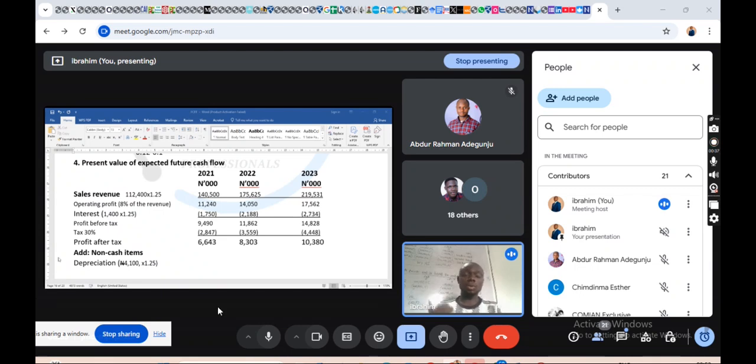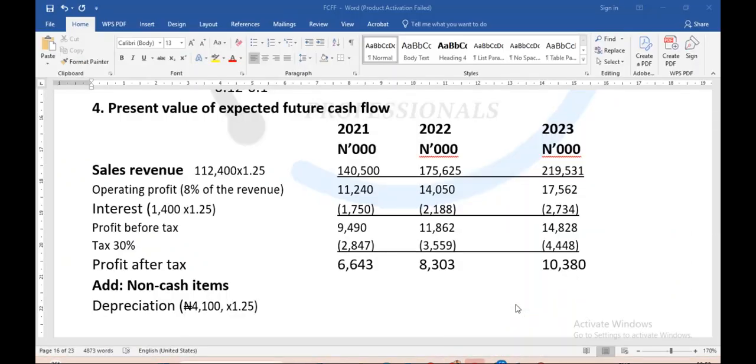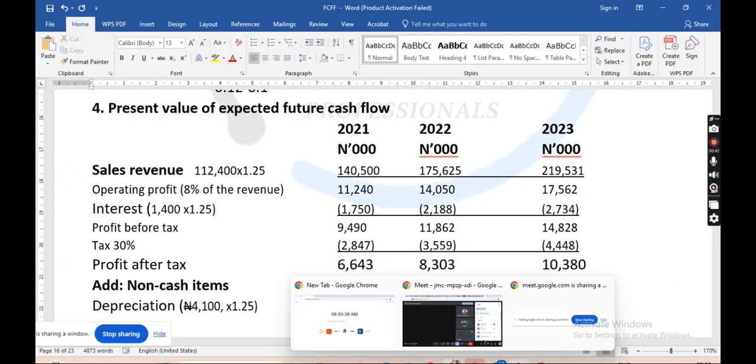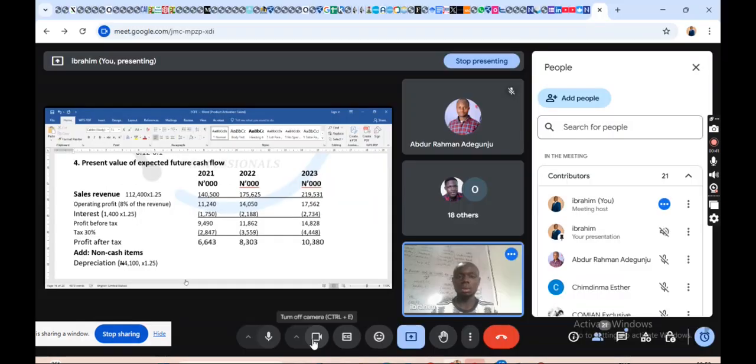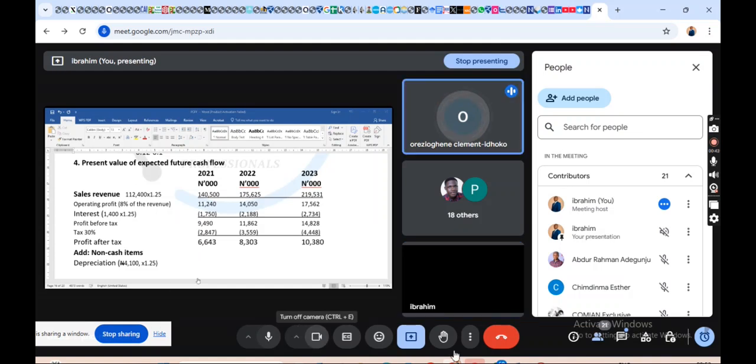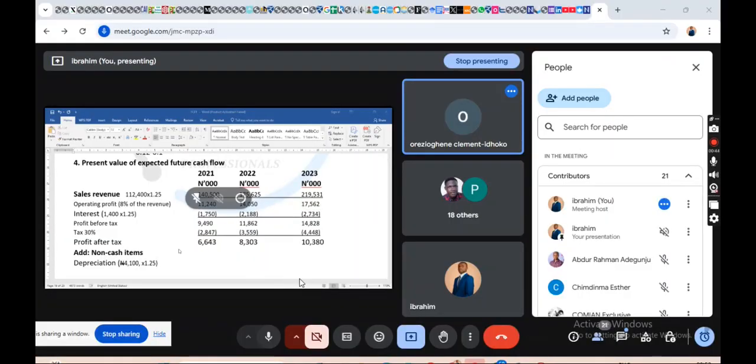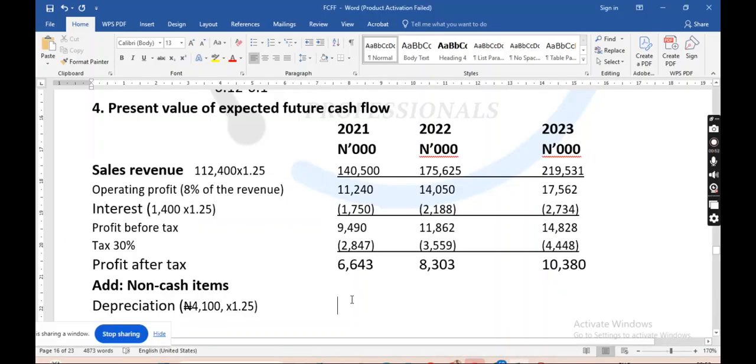So please increase the depreciation. If you increase the depreciation, what do you have? 5125. Okay. What do you have again? 6406.